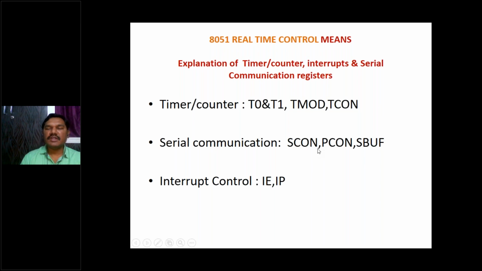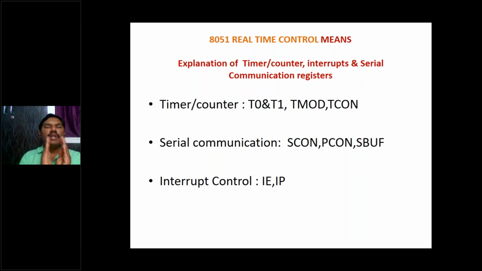Serial communication means explanation of the SCON register, the PCON register, and the SBUF register, which are the serial communication registers. Interrupt controlling means IE and IP. How to operate timers or counters or serial communication with the help of interrupts is done with two registers, IE and IP. This concept I already gave in memory and registers, where I only explained what registers are available in 8051.